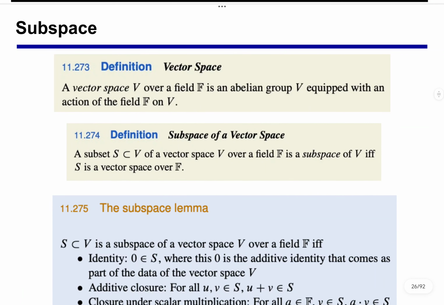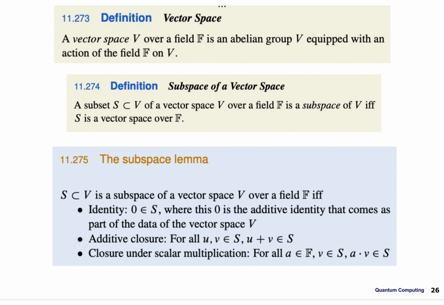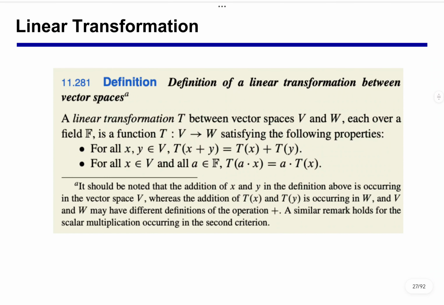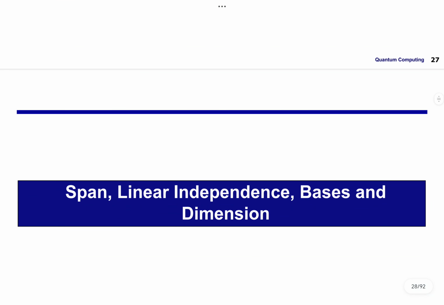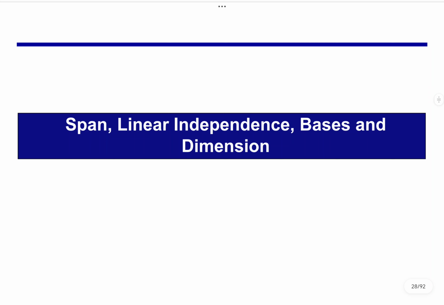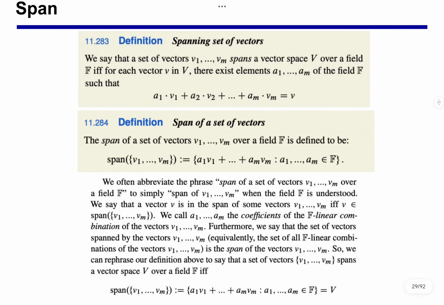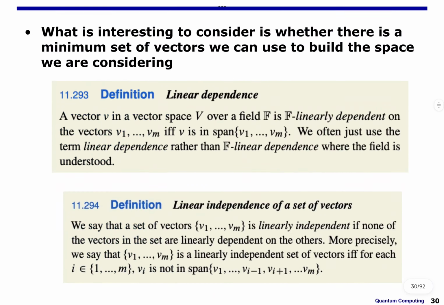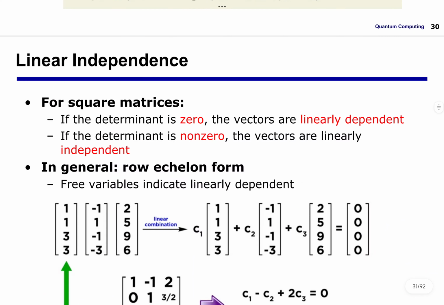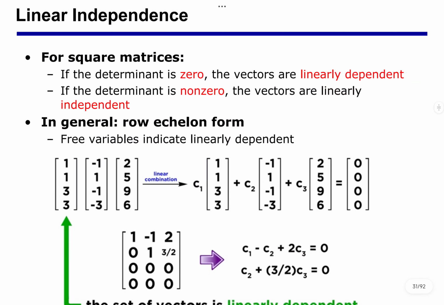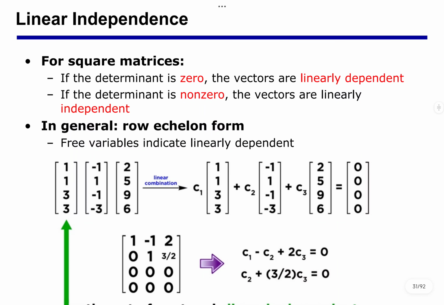I think subspace and the subspace lemma and the definition with linear transformation, span, linear independence, and dimensions. What is a spanning set of vectors, span of a set of vectors, and linear independence? Okay, my spot is a little bit wrong.